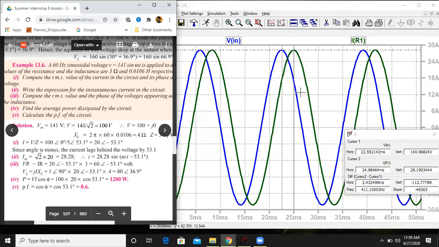This is how you calculate the phase difference between two sinusoidal signals. As you can clearly see, the current is lagging behind the voltage by 52.52 degrees. I hope this point is clear. If you have any doubt, you can ask right now.